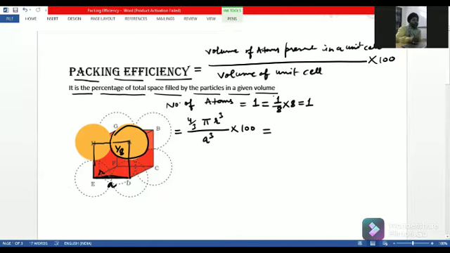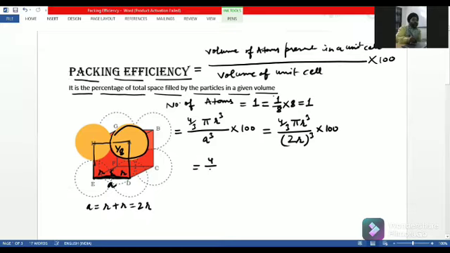In this figure, if I take this point as K, then from E to K is the radius of one atom, and from D to K is also the radius. So we can say that a equals R plus R, that is 2R. So we can substitute a with 2R here and write it as (2R) whole cube, multiplied by 100.